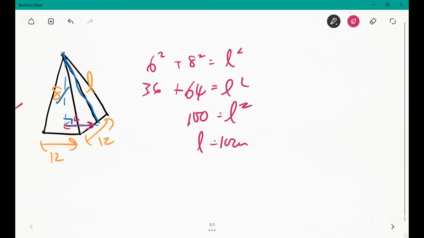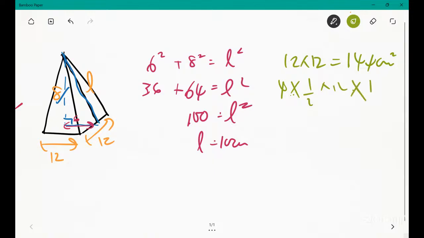Now you can find the area of the triangles and the square. So the square is going to be 12 into 12, which is 144 centimeters squared. And the triangles are going to be 4 into half into the base, which is 12, into the height, which is 10.